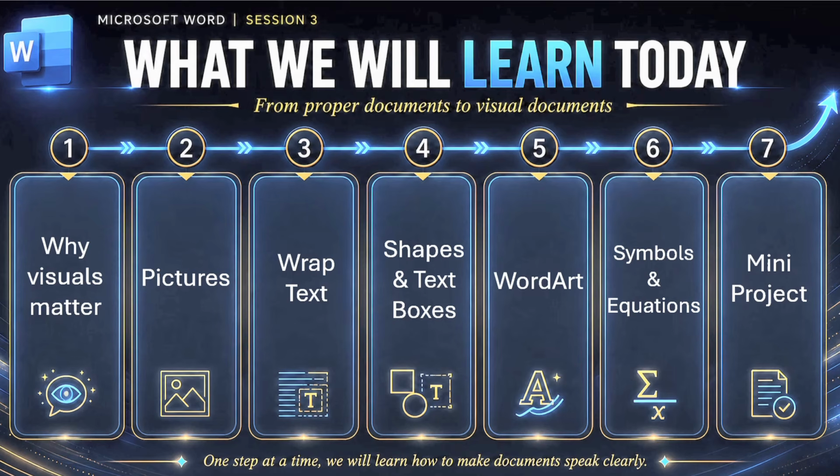We will combine words, visuals, layout techniques, symbols, and a simple equation to communicate a useful message. And by the end, you will be able to see how each skill contributes to the final result, not as isolated tools, but as parts of one clear communication strategy.